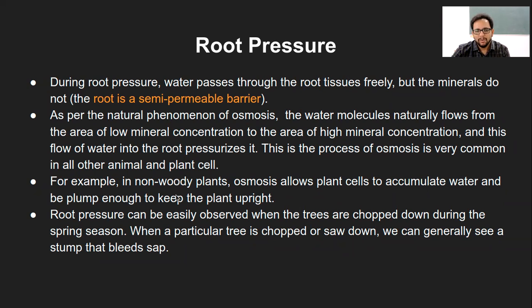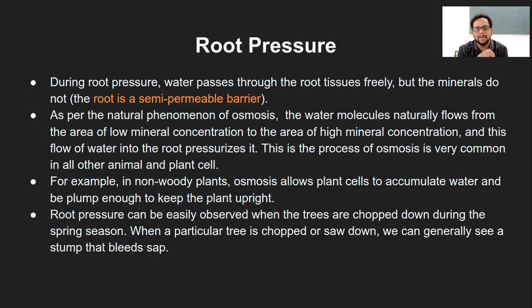Now, for example, in non-woody plants, like grass-like plants, osmosis allows the plant cells to accumulate water in the stem-like structure and be plump enough. They just store water inside those stem-like structures.